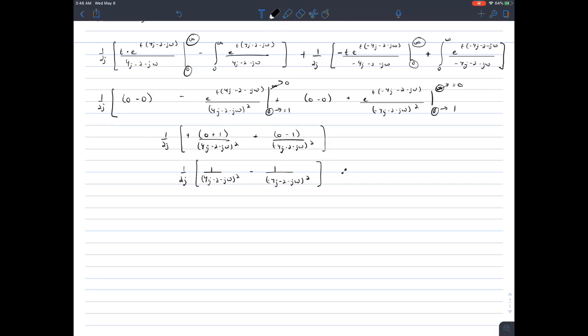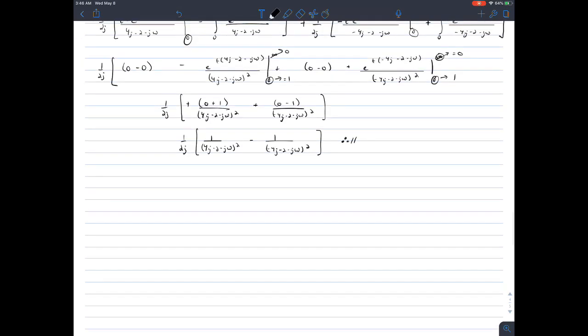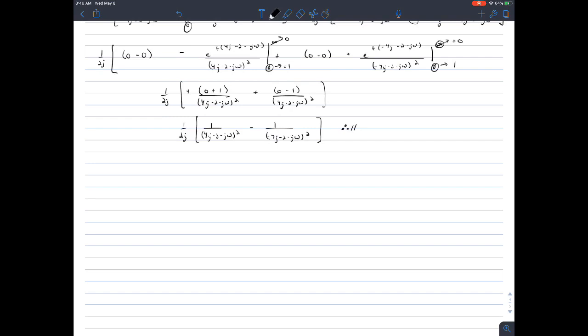Now, the answer given to us is simplified differently. You can change the negative signs in here, so let me show you what the actual answer looks like simplified differently. So 1 over negative 1 is going to be negative (4j plus 2 plus j omega) squared.